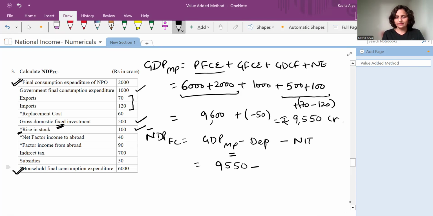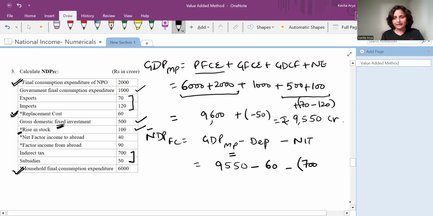Depreciation is given with the other name, and this is replacement cost of assets or barely the replacement cost. So this is depreciation minus NIT. NIT is IT minus subsidy. So here we would always be solving it within the brackets, IT minus subsidies, so that because of this negative sign outside the bracket, we should not have the incorrect calculations, right?